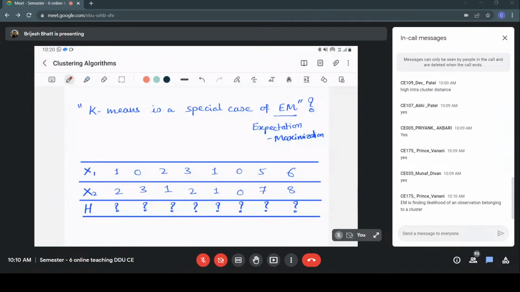Okay, Prince is saying EM is finding the likelihood of an observation belonging to a cluster. Yes, that sounds correct, but can you give a more intuitive understanding of why K-means is considered a special case of EM?